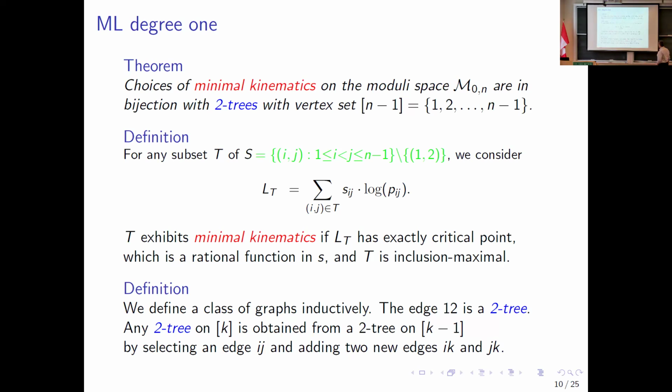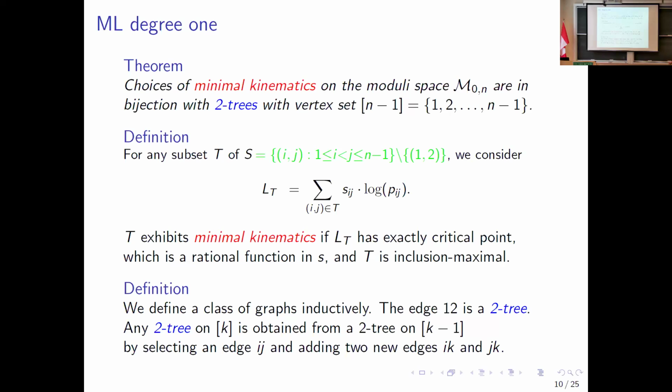Then I can get any two tree on the first k positive integers by taking any two tree on one fewer vertices and throwing in two new edges: I pick any edge ij of the small two tree, and I throw in the two new edges ik and jk. So you have a small graph, pick an edge, and then connect the new vertex with the two endpoints of the edge you picked. The world's simplest definition. Question? No, I keep ij. Inductively, any graph I get this way, I'm going to call a two tree.